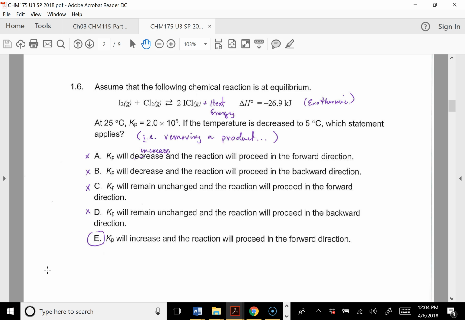And here's the deal, I guess I did need to put heat over there. If we cool it down, then we're actually removing heat, that's like removing product, and that's why it will actually proceed in the forward direction. Another way to say forward direction is form products. It's the same thing.